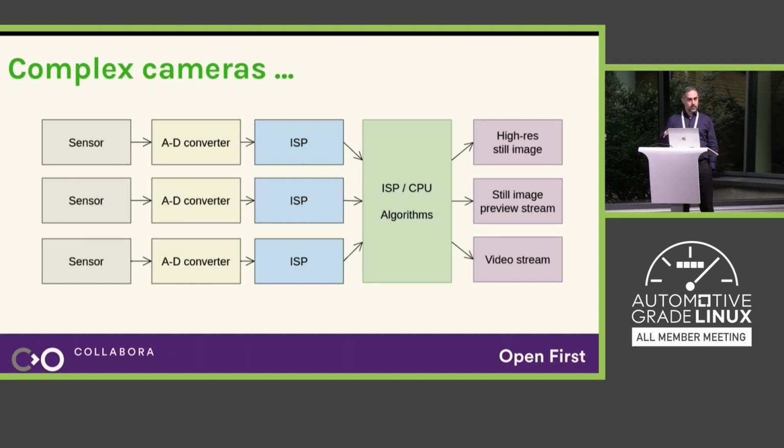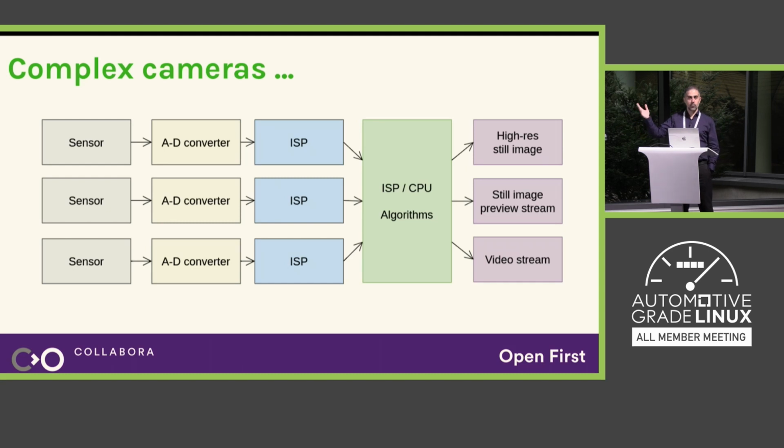So what we need from the user space is basically an API that will allow us to program this entire pipeline with all these complex sensors and complex signal processors that are available, and tune all of that so that we get some output stream for a specific use case.